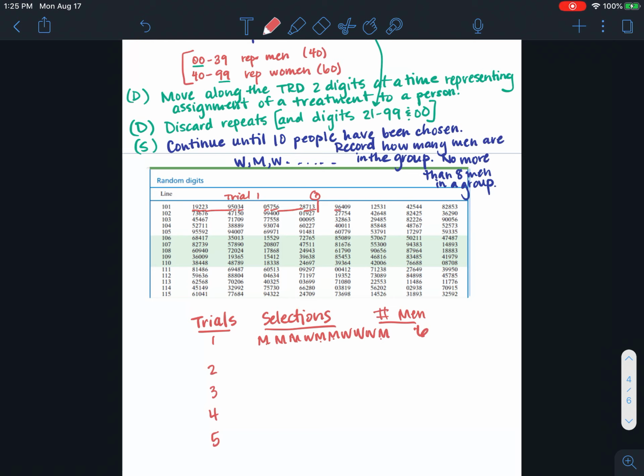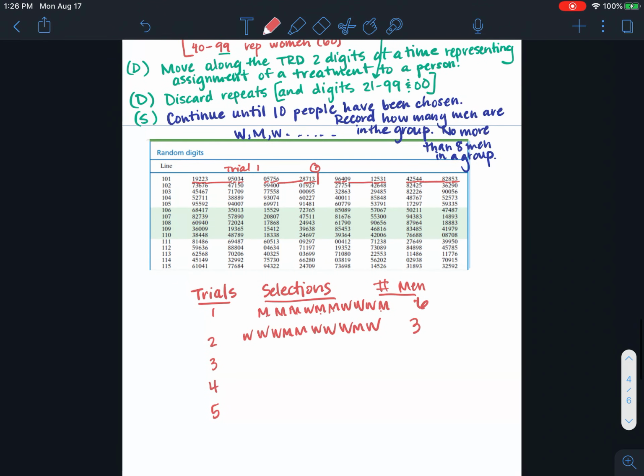And then I keep going. 96, woman, 40, woman, 91, woman, 25, man, 31, man, 42, woman, 54, woman, 48, woman, 28, man, 53, woman. 1, 2, 3, 4, 5, 6, 7, 8, 9, 10. There we go. And this time I had 3 out of 10 men.